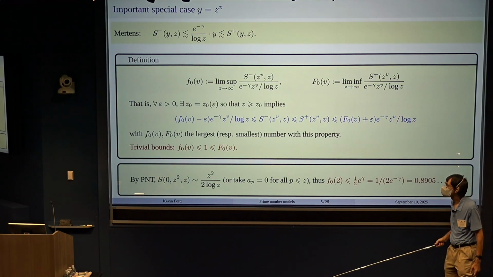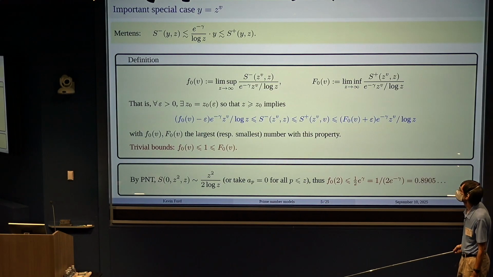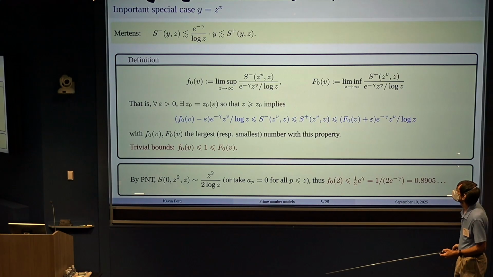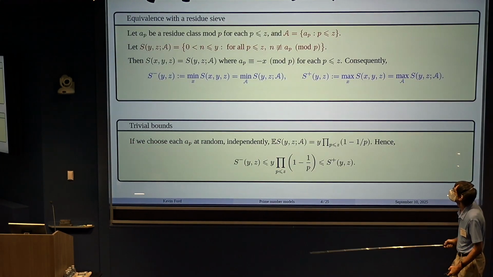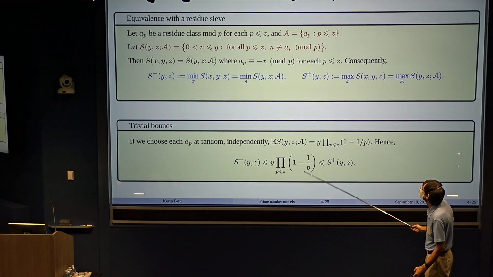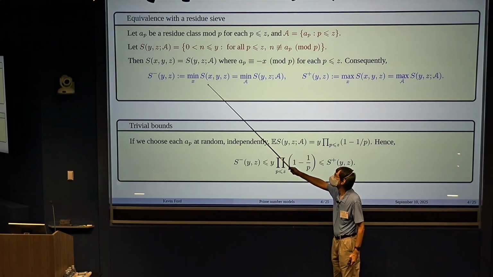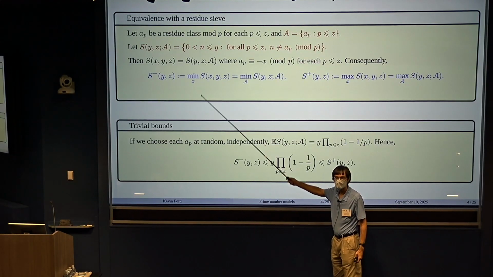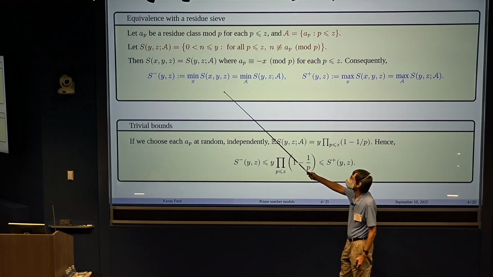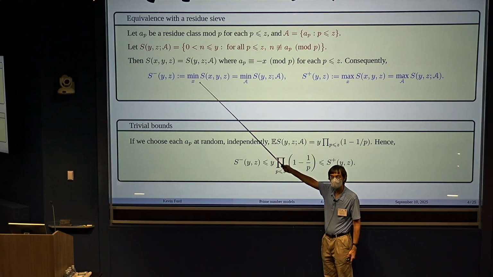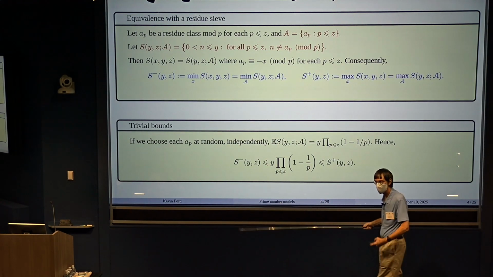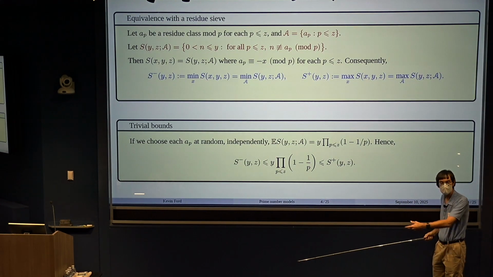I mean, the lim sup is bigger than s minus, asymptotically. Maybe you should repeat the definition of s minus and s plus. Yeah, S minus is the minimum over all x's. And I want the lim sup of this. I want to know how large this minimum is, how large it can be, infinitely often.